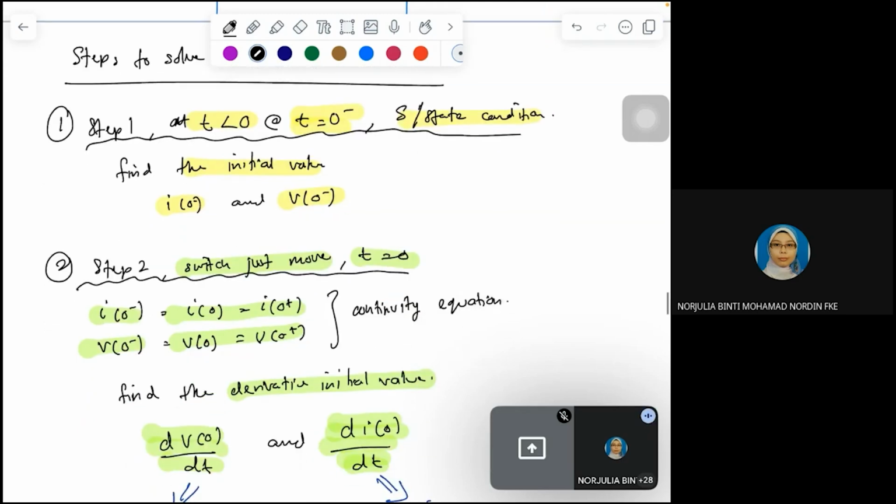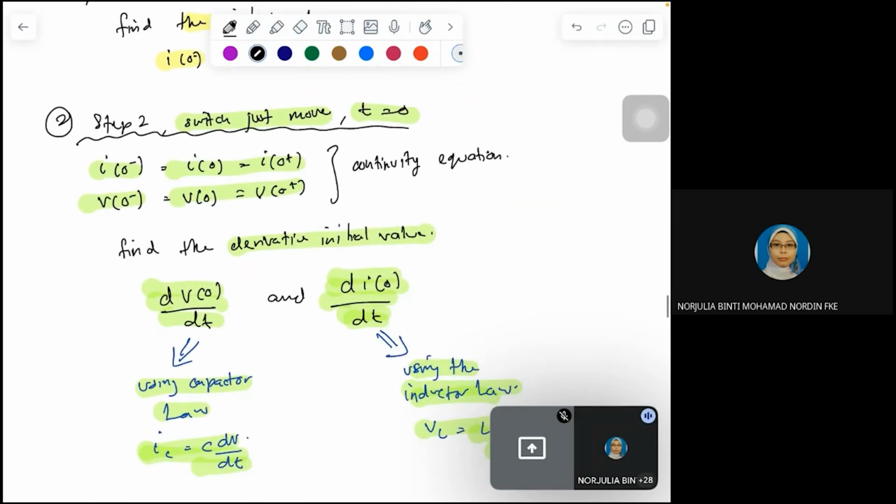All right, then move to step 2. At step 2, we need to analyze the circuit when the switch has just moved from one point to another point, from open to close or close to open, or from A to B or from B to A. At this moment, the circuit is still holding the initial value that has been calculated in step one. That's why we have this continuity equation.